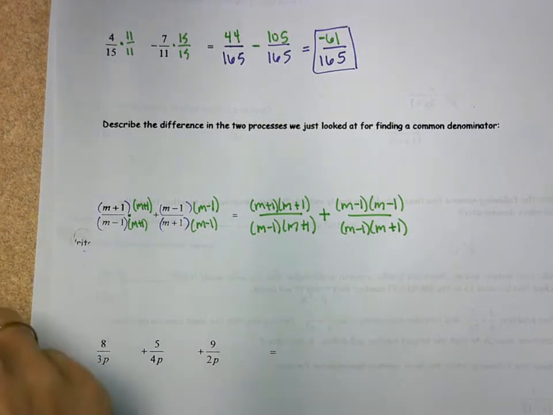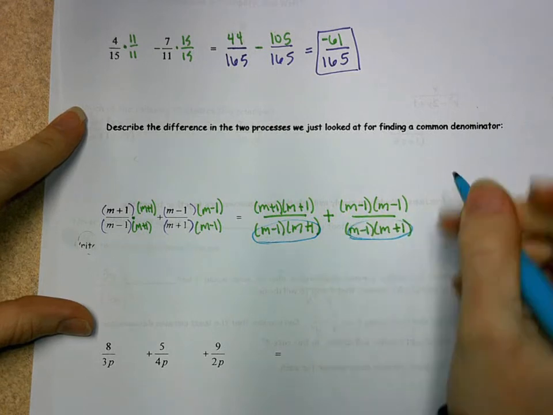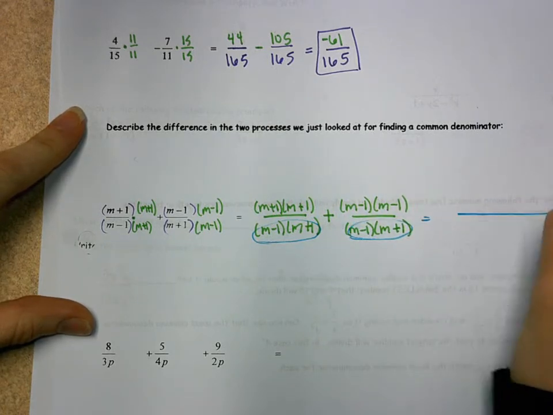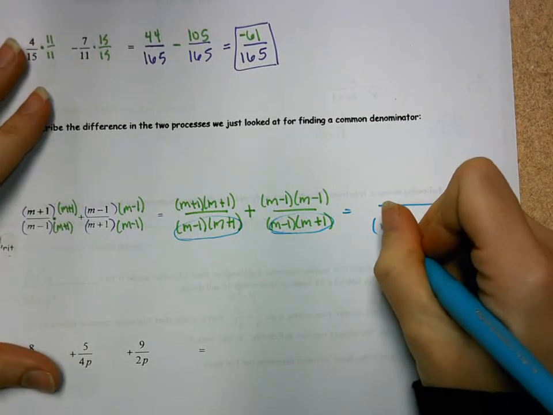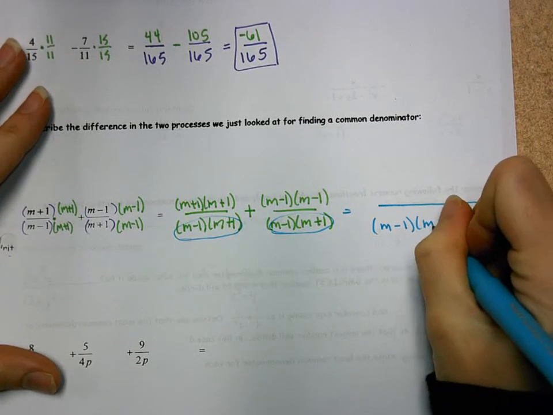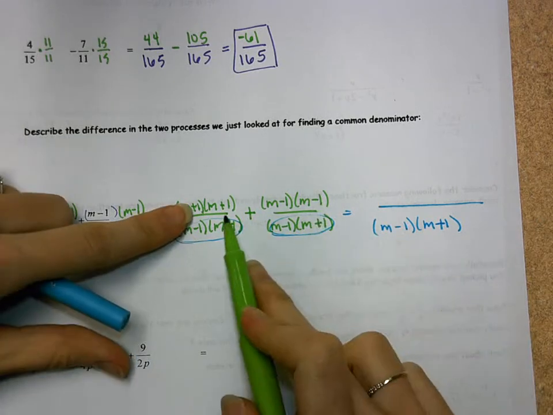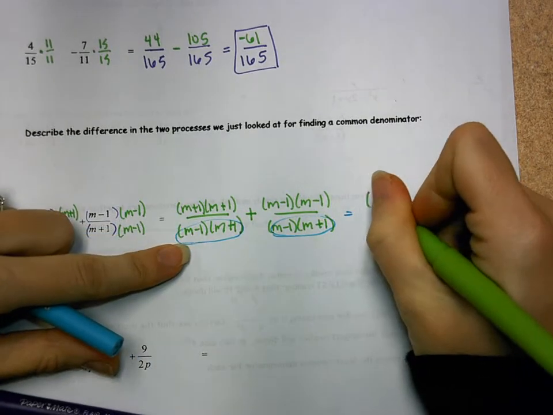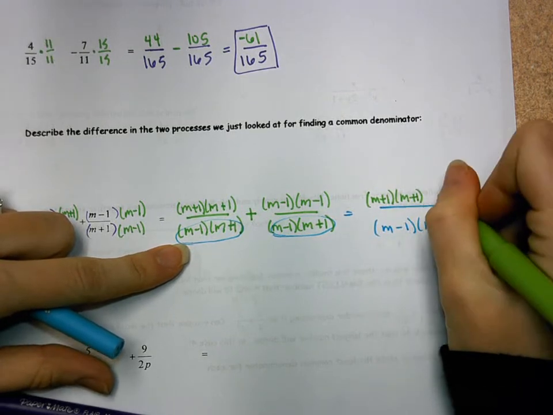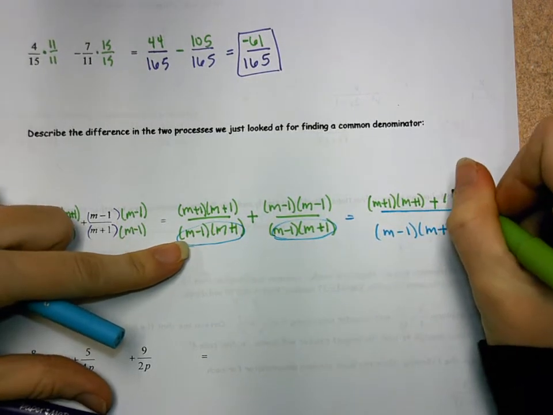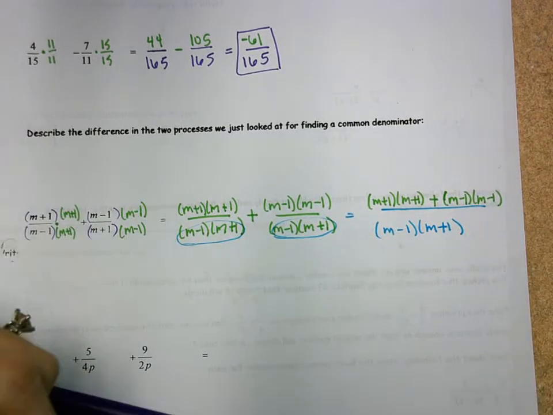Now I can see, yes, I have the same denominator, so I'm going to go ahead, keep that denominator just like I did in the previous two examples, and I have quantity m minus 1, m plus 1, and on the numerator, I'm going to combine these numerators together, m plus 1, m plus 1, and I'm going to add that to m minus 1, m minus 1.